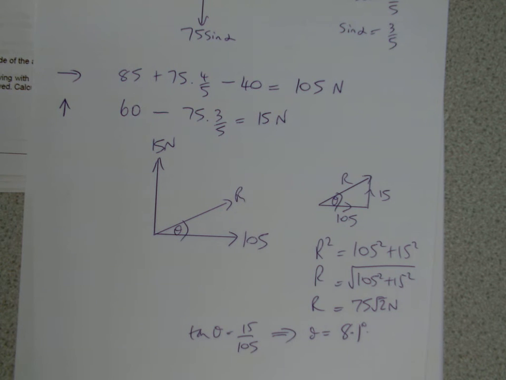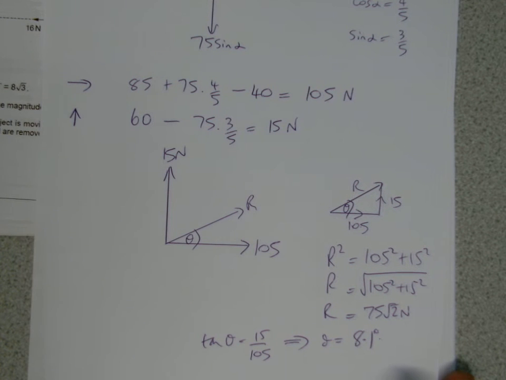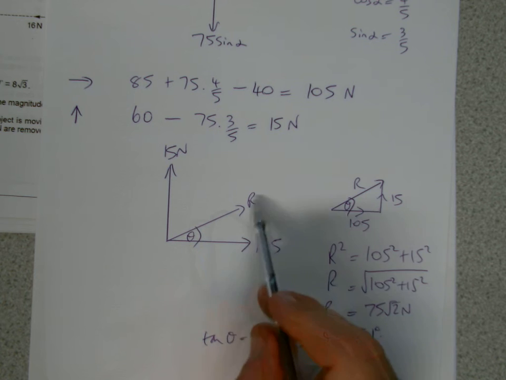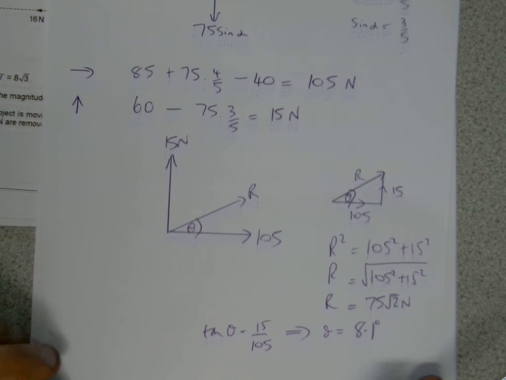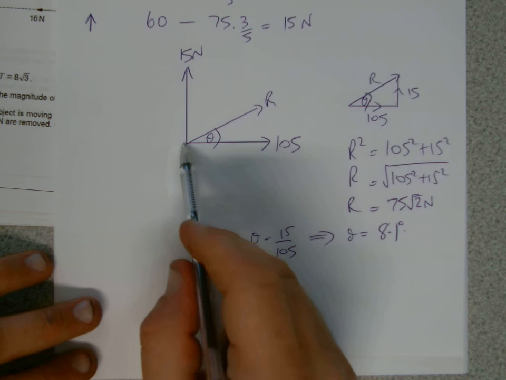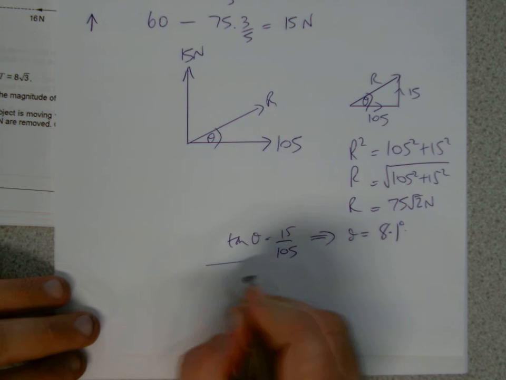Now, part B says deduce the magnitude of the acceleration of particle P. We need to appreciate that this particle is moving, because there's a resultant force, and it's going in that direction of 8.1 degrees. But ultimately, if we think of it moving, and there's a force making it move, we can use Newton's second law of motion.